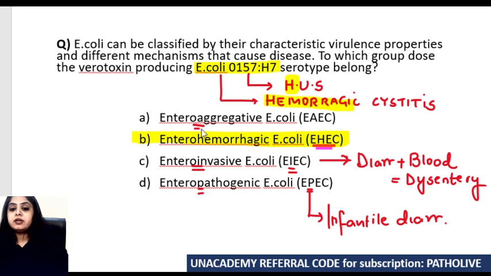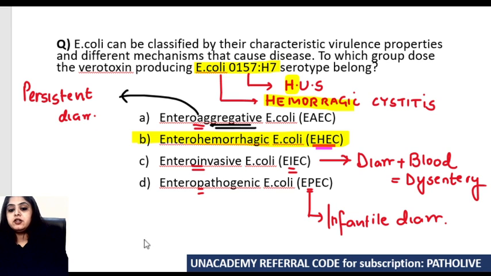Talking about the first one, enteroaggregative E. coli. So anything that tends to aggregate will make it more persistent. So the kind of diarrhea that this is associated with is referred to as the persistent diarrhea. So these were just some additional points. Similarly, we have another one that is known as enterotoxigenic E. coli.